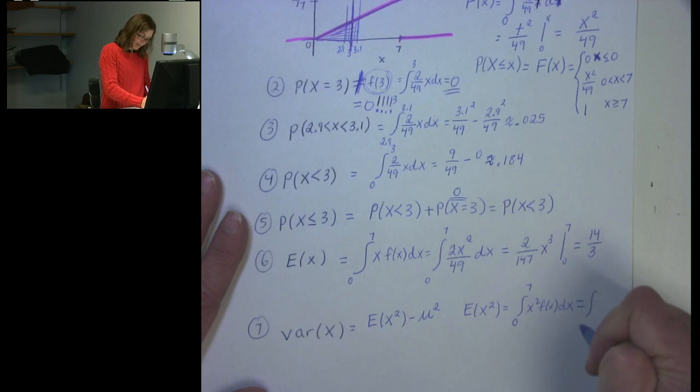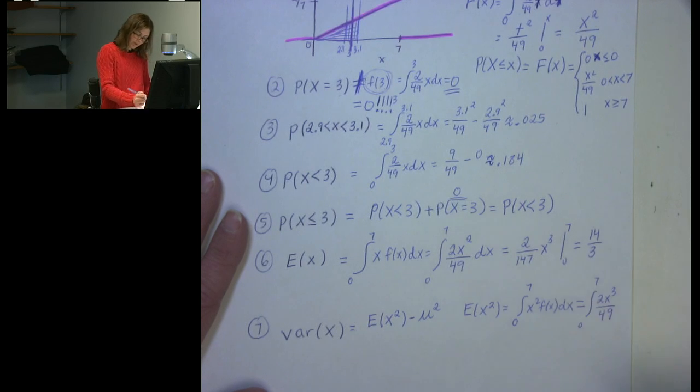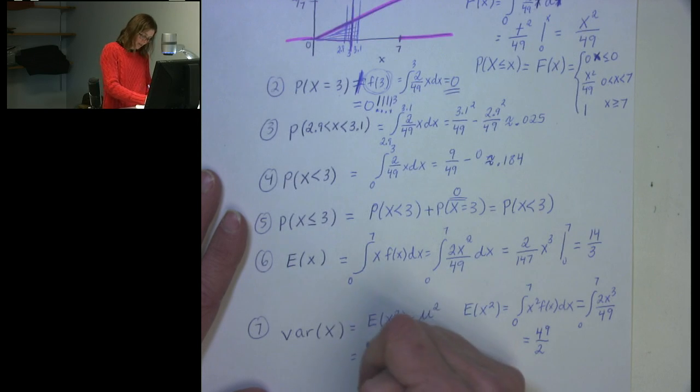That'll give me the integral from 0 to 7 of 2x cubed over 49. If we complete the integral and do the evaluation, we should get 49 over 2. And then we can use that here and say, okay, the variance is going to be 49 divided by 2 minus 14 thirds squared.